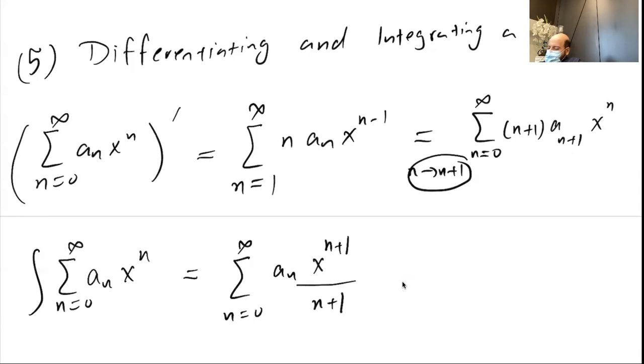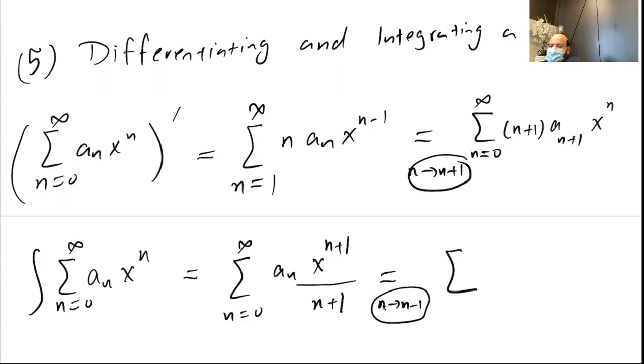And if I change n to n minus 1 here, again if I want to make this power n, then I need to change n to n minus 1.